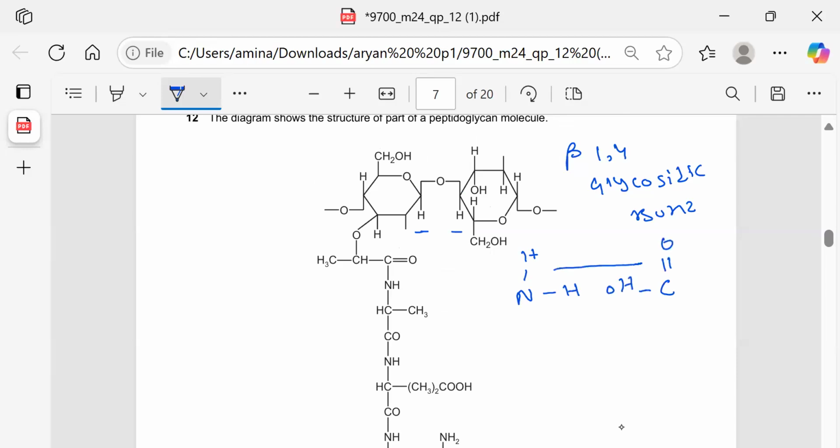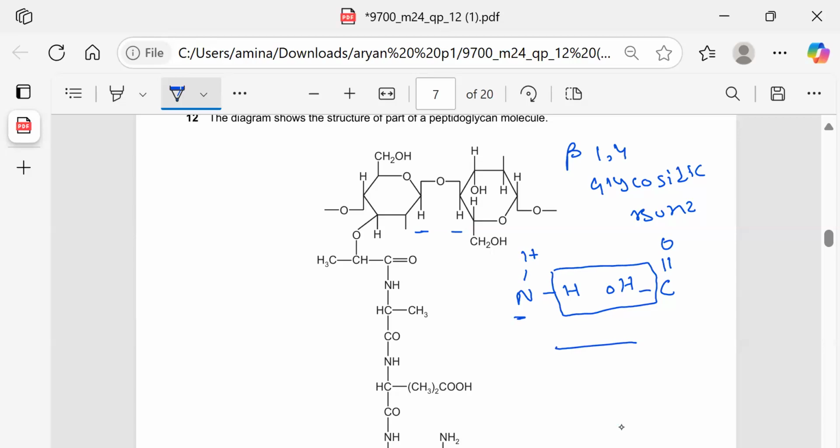Condensation takes place and a water molecule is removed. As this water molecule is removed, creating a peptide bond, it means that your nitrogen is going to be left with one hydrogen. So I need to look for NH.